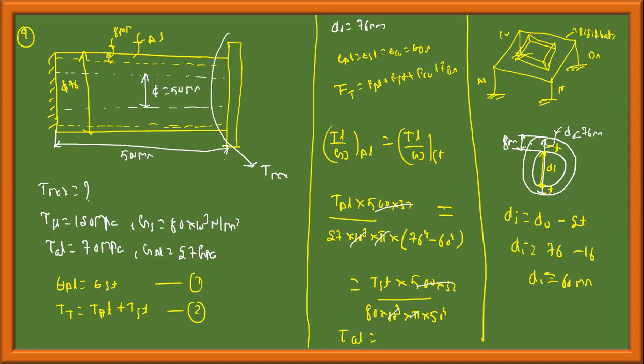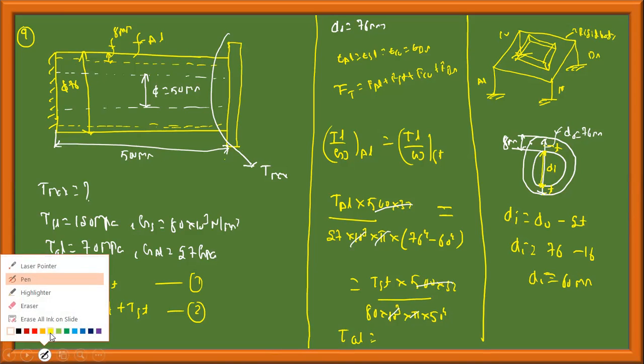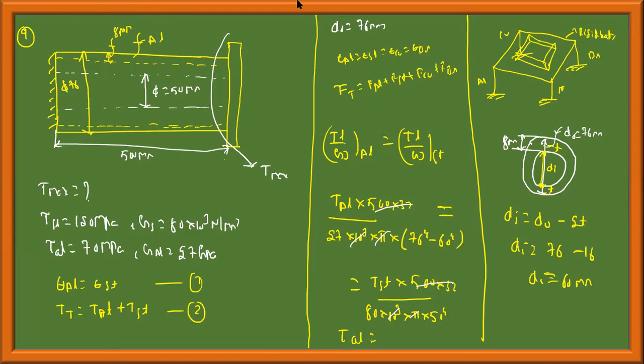T of aluminum is equal to how much? 1.1017. Yes, 1.101 T steel. Okay, now the forward system.